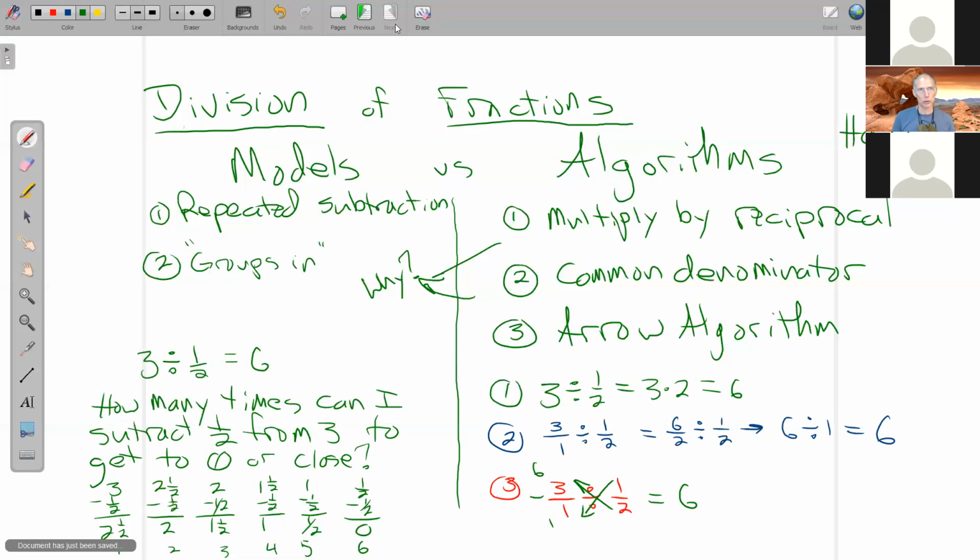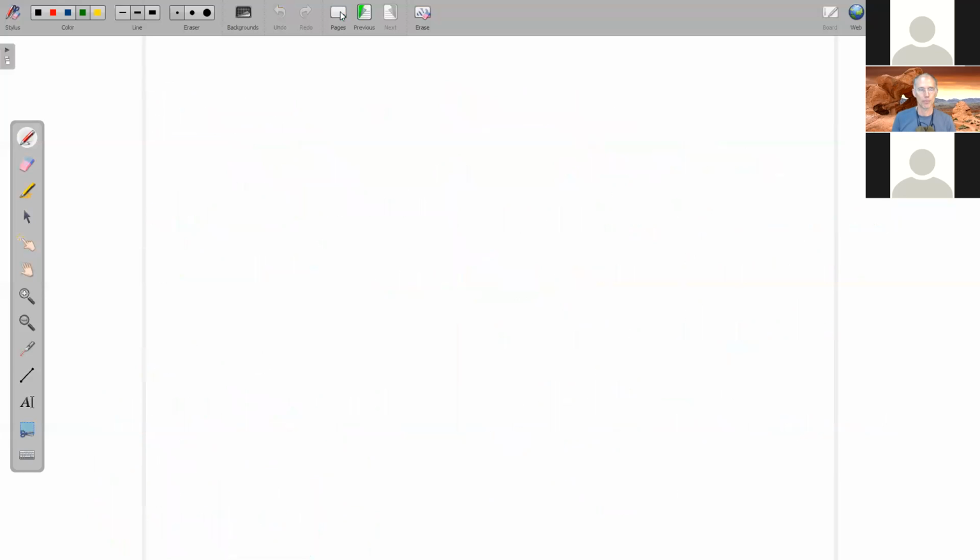Models, the groups in, we'll do a couple versions of that one. 3 divided by 1/2 equals what? Here, I need to know that division means groups in.